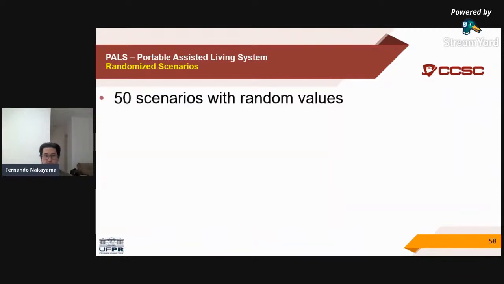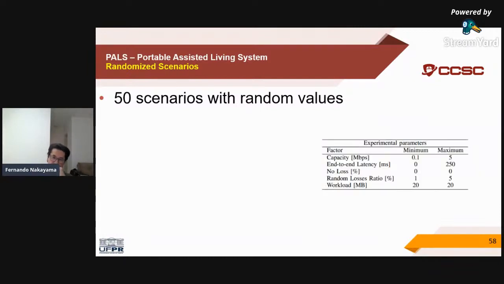The evaluation in randomized scenarios comprised 2,000 emulations from 50 different scenarios, and the values were randomly picked from the experimental parameters table. We performed two types of emulation, without and with the insertion of losses, or packet loss.